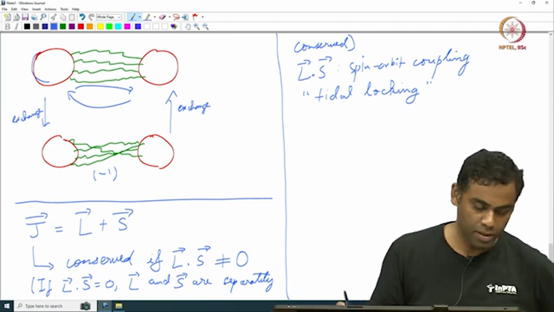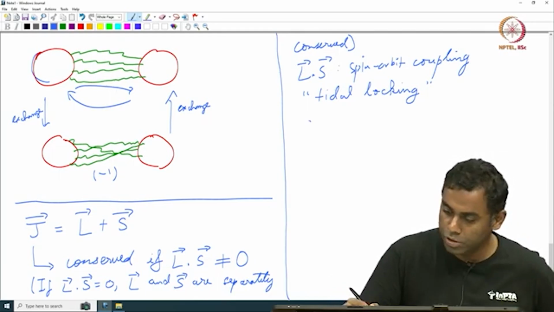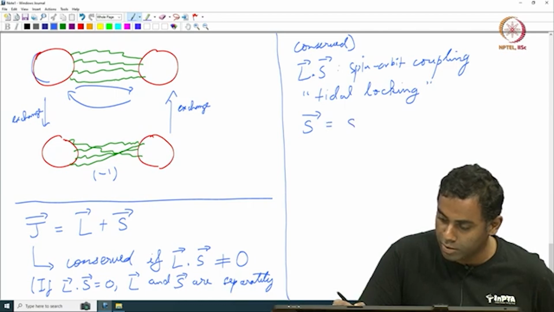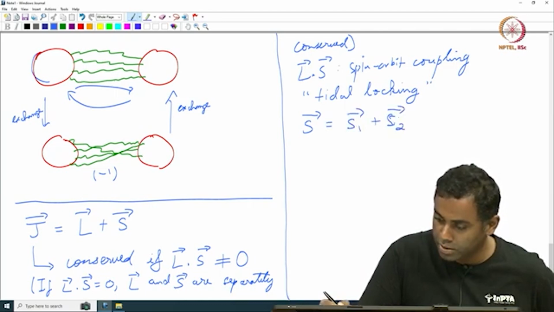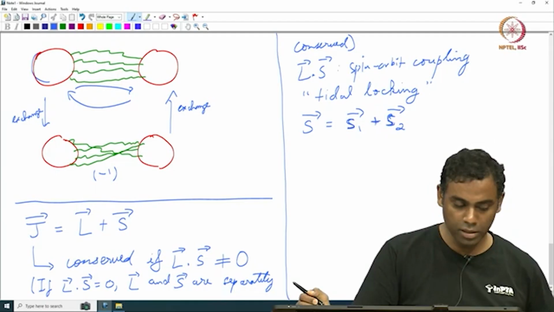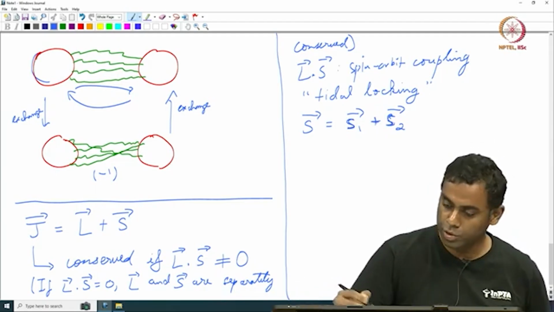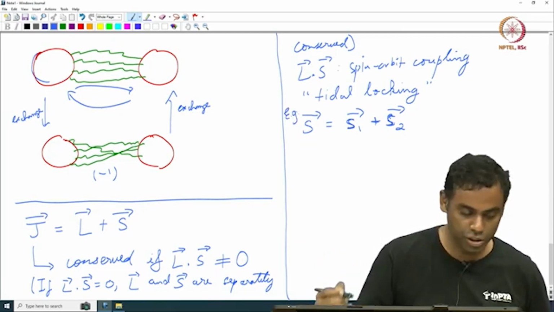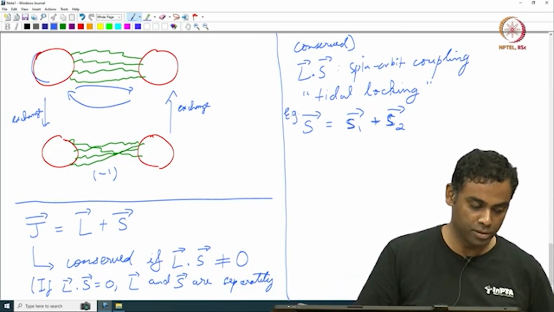Again more generally, if you want to add any two angular momenta, for instance if I want to add two spins, I can always do it as long as I make sure that I get sensible eigenvalues, right. So, I can add two spins, just writing an example as a more general addition of angular momenta.